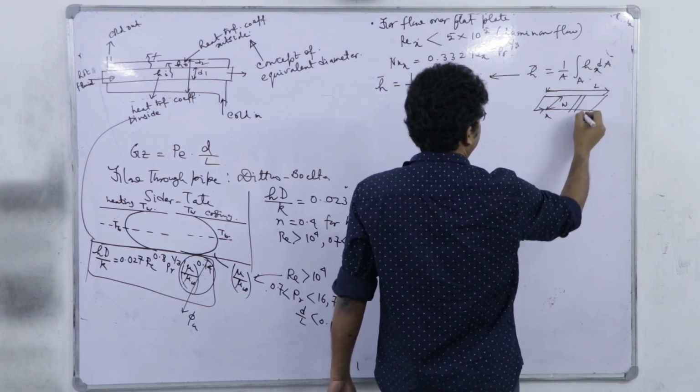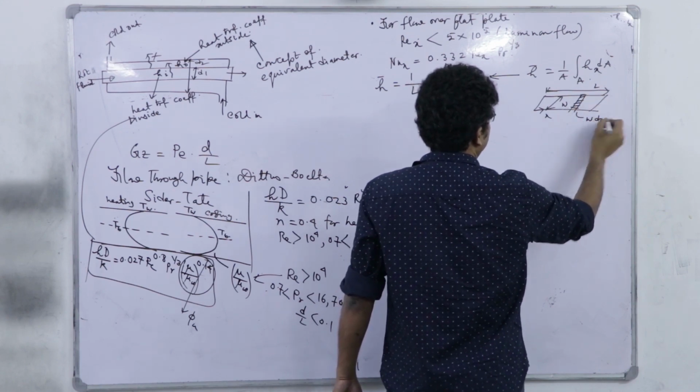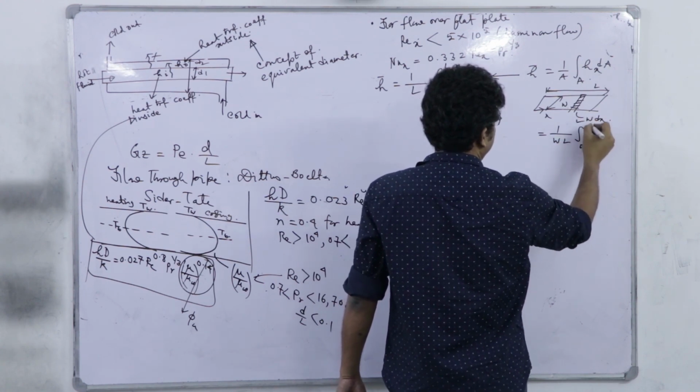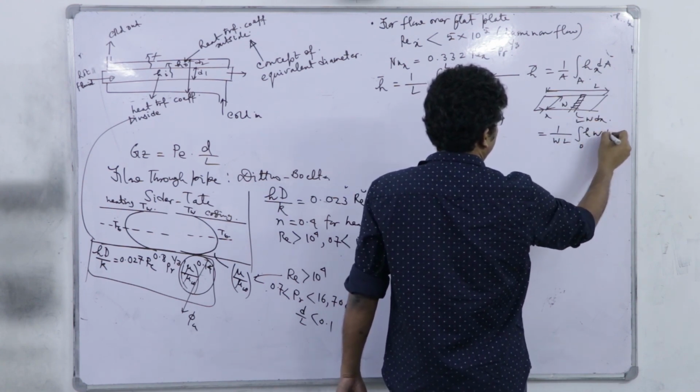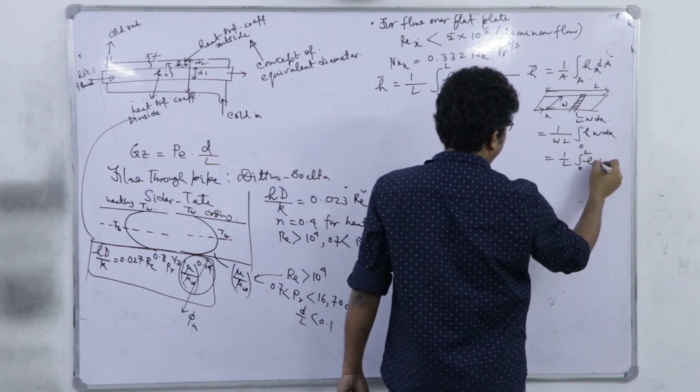So we consider this strip, the strip has got an area W dx. So 1 divided by W into L, total area, 0 to L h into W dx, obviously giving you 1 by L, 0 to L h dx.